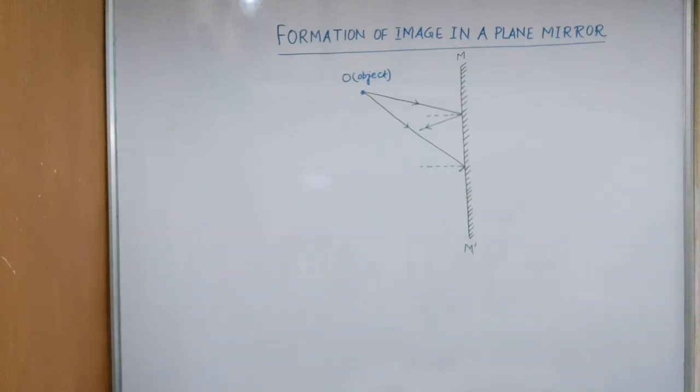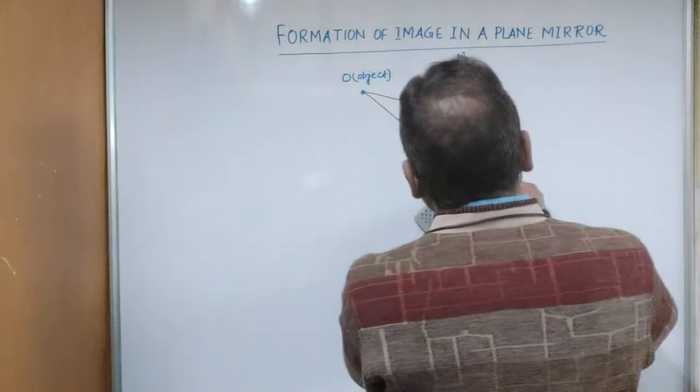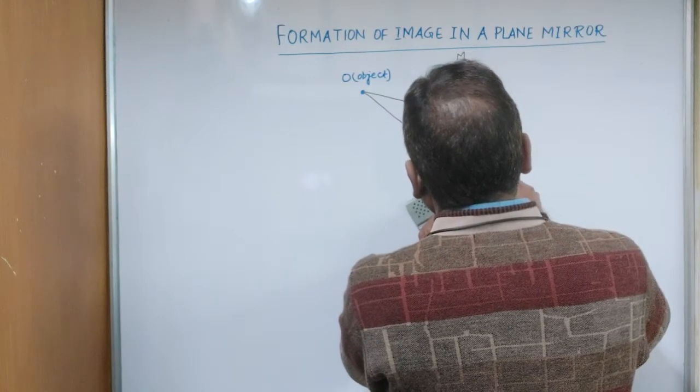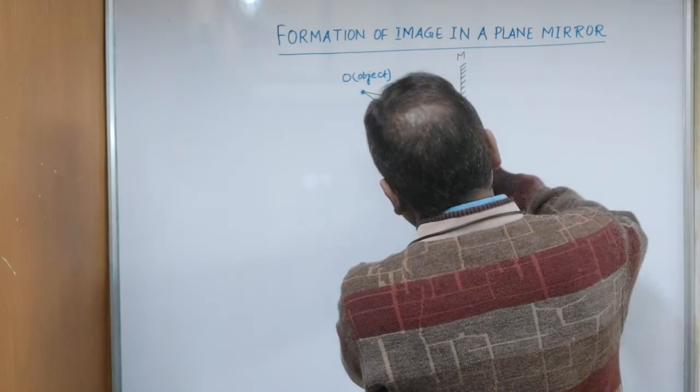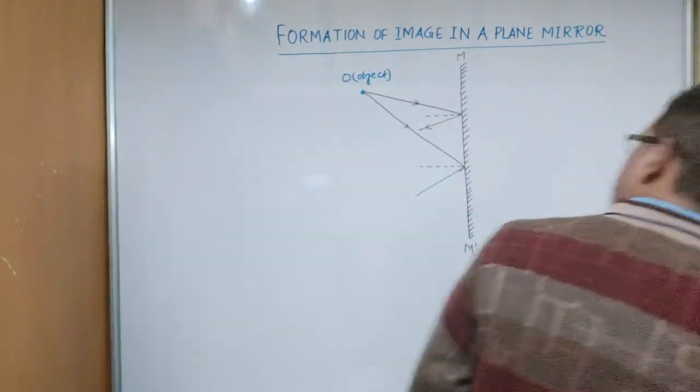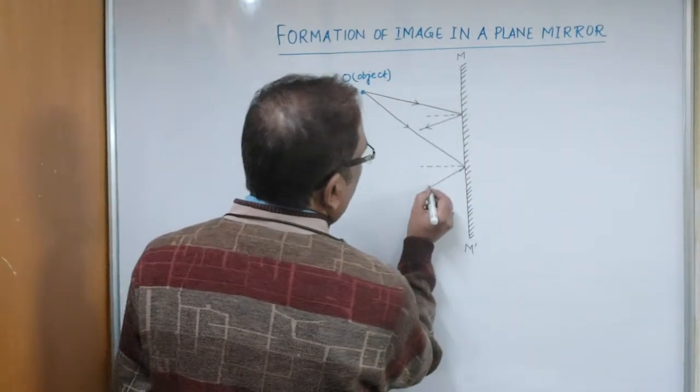So you have to draw a straight line. So like this. So this is another reflected ray.